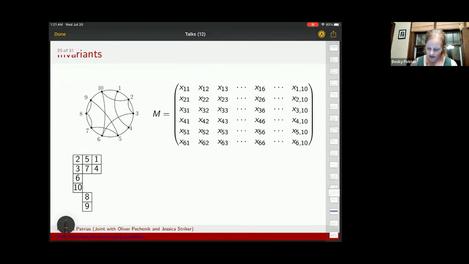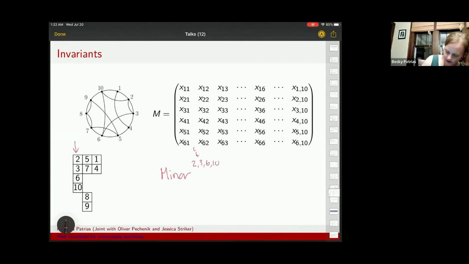So let me show you one example of that. So let's take our jellyfish tableau here. Each column is going to correspond to a minor, but we're just going to be creative about which rows of our matrix M we're going to use in our minor. So let's start on the left. So I have this column 2, 3, 6, 10. So that's going to correspond to a minor that uses columns 2, 3, 6, 10.